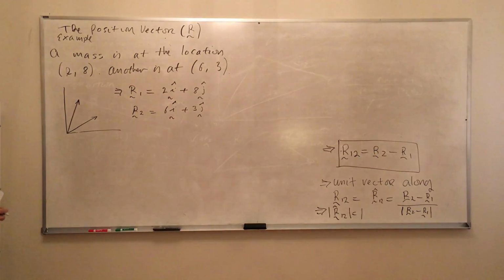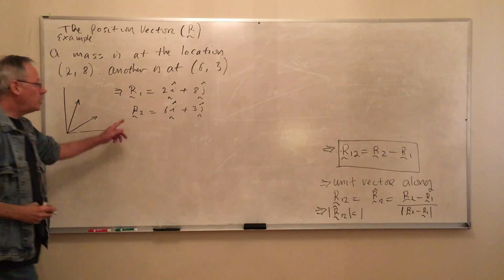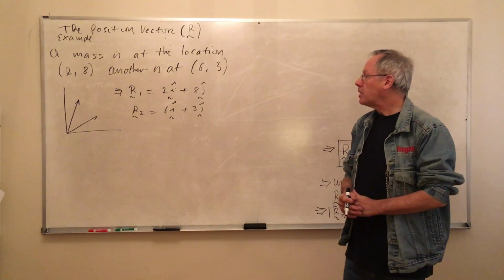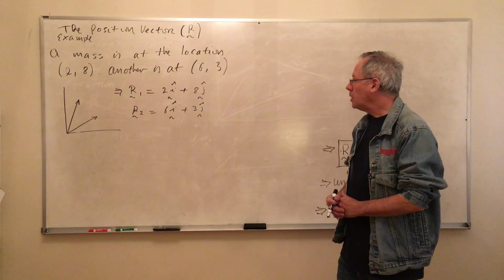So R1 is going to be 2i plus 8j, and R2 is 6i plus 3j. Here's the question. Find a unit vector in the direction R1 to R2.